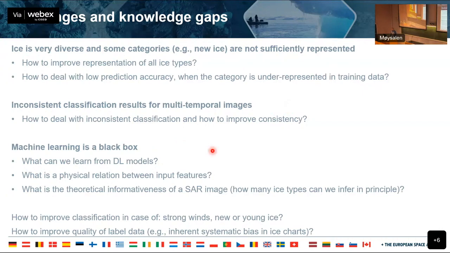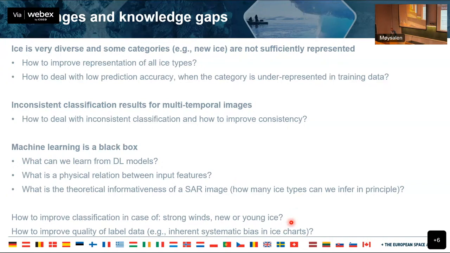Then machine learning is in fact a black box. It's just an empirical algorithm. What can we learn from these deep learning models? What is the physical relation between input features? And what is the theoretical informativeness of SAR image? So how much can we actually derive?